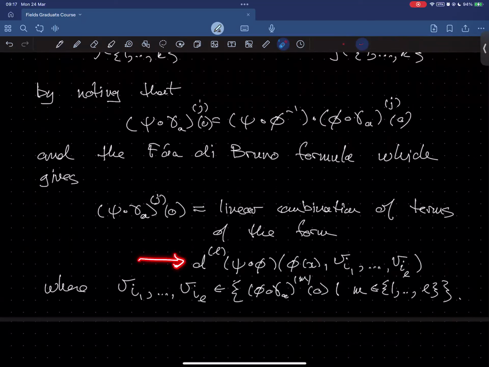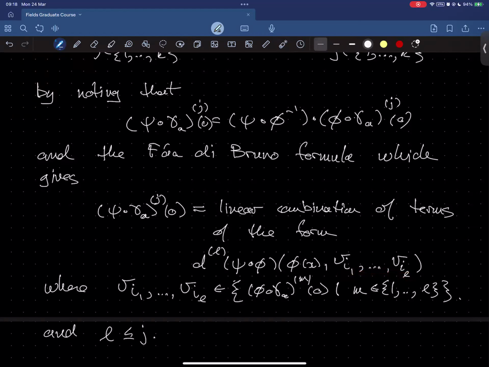In fact, the number of terms in the finite linear combination is j, where L is less than or equal to j, of terms which involve the derivatives of the overlap map of order less than or equal to j applied to vectors which are the first up to Lth derivatives of this thing. There's some complicated formula, combinatorial in nature, which tells you what these v's are.